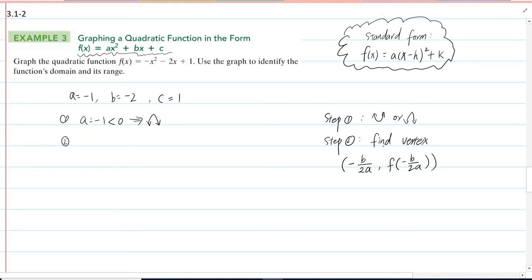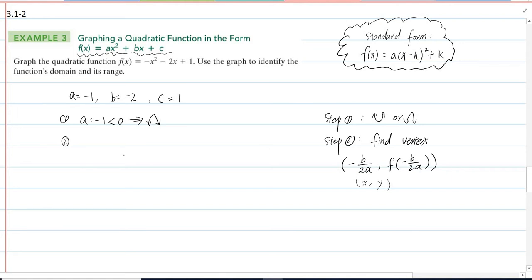What you're looking for is the vertex. We learned long ago that this is just our x in the ordered pair, and this is just your y. So if we plug our x into the function, that's how you calculate your y.